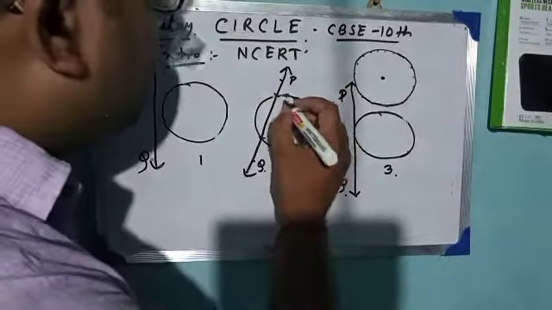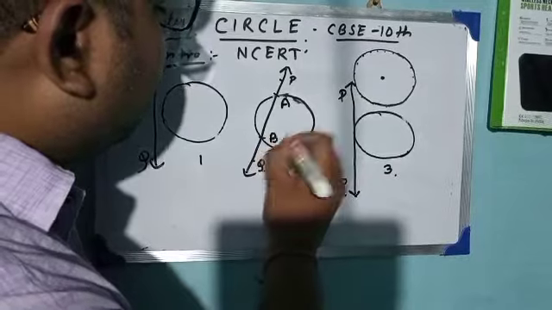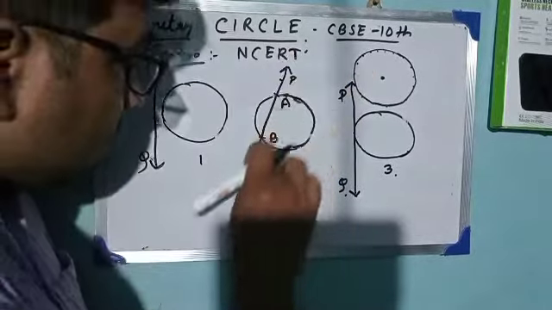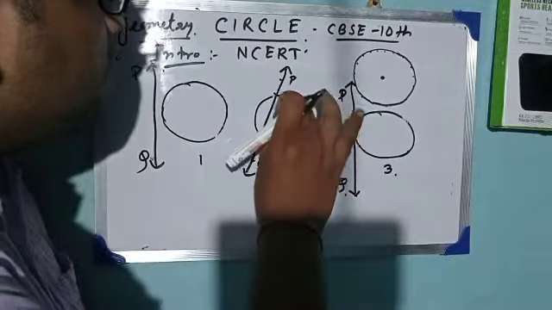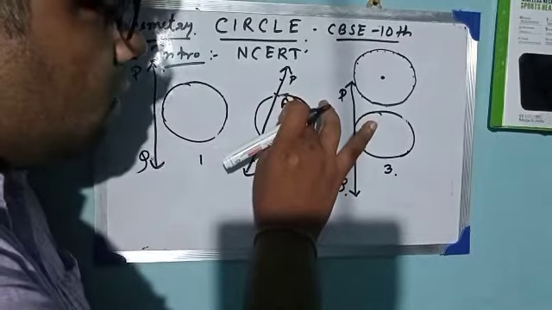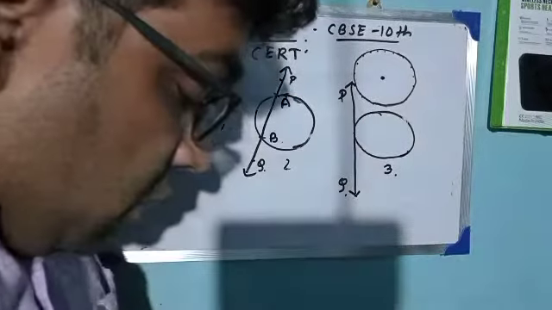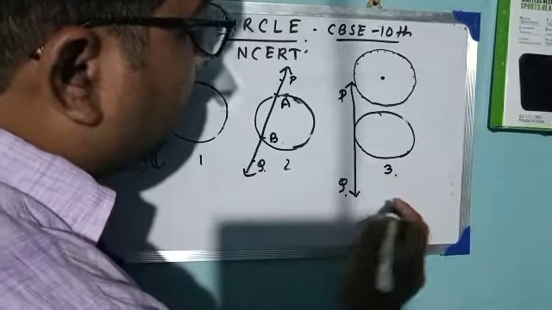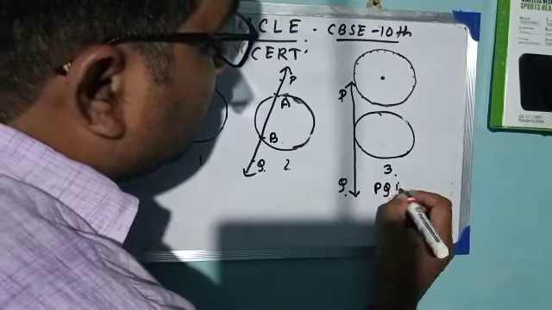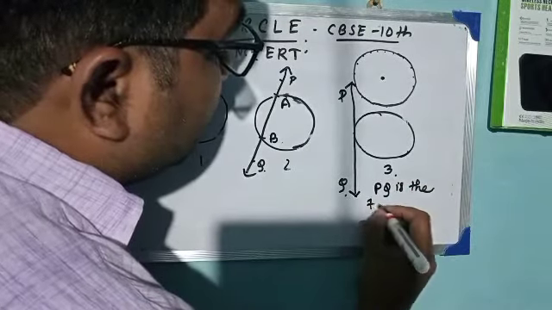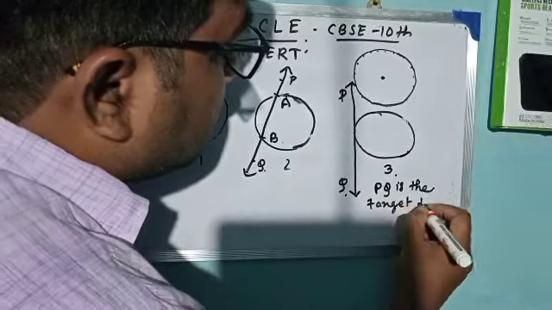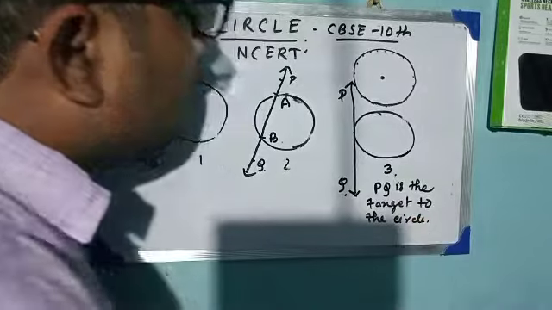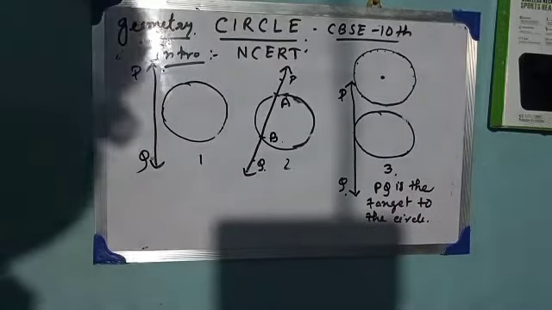If I name this A and this B, these 2 points are common to this line segment which cuts the circle. Understand? So for the third figure we can say that PQ is the tangent to the circle. PQ is called the tangent to the circle.